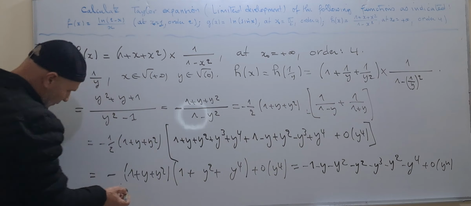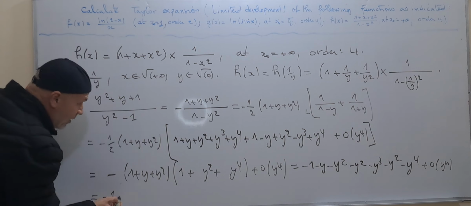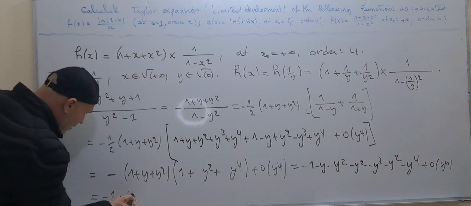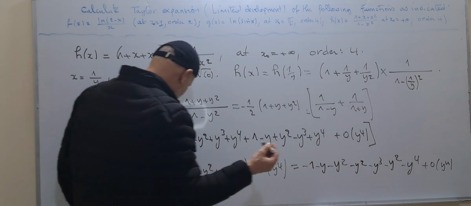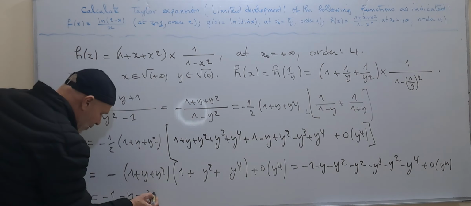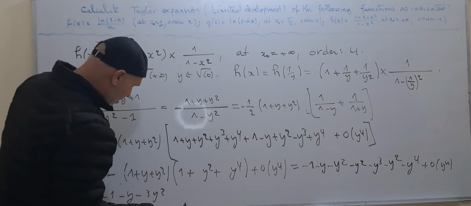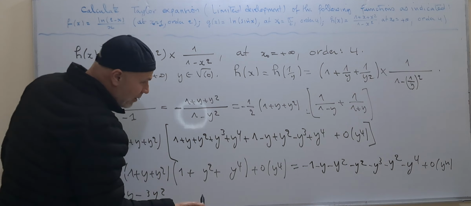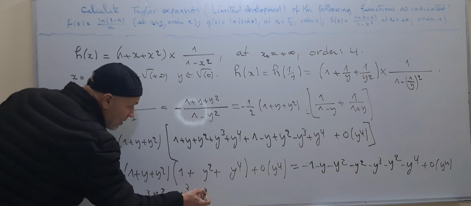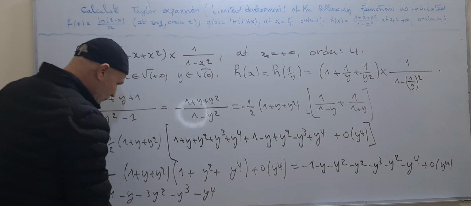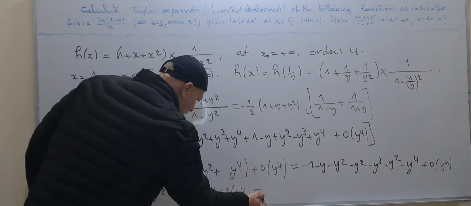And as a final result, this is equal to minus 1 minus y minus y squared minus 3 y squared, and minus 3 y power 3 minus y power 4 plus y power 4.